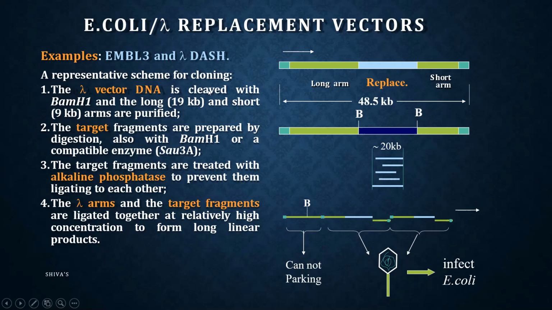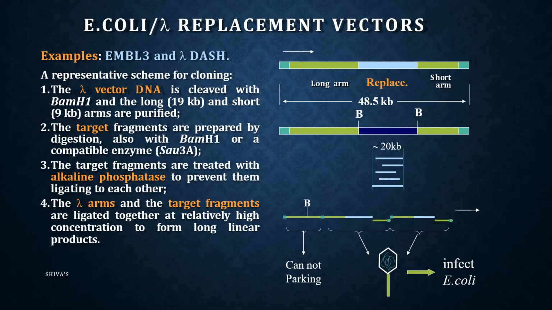The lambda vector DNA is cleaved with BamHI restriction enzyme, and the long 19 kb and short 9 kb arms are purified. The target fragments are prepared by digestion with two different restriction enzymes, BamHI and Sau3A.